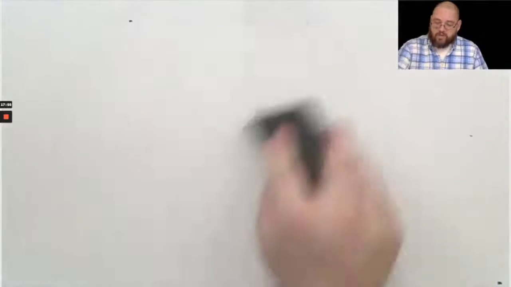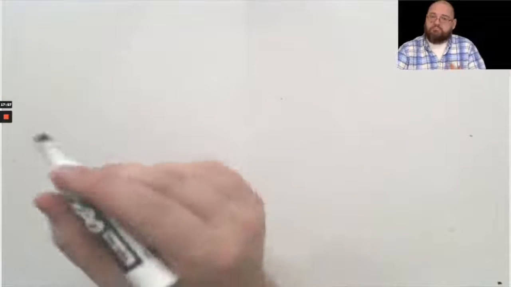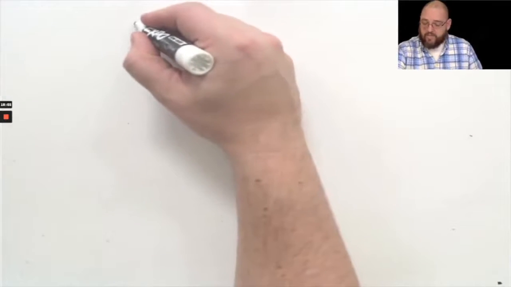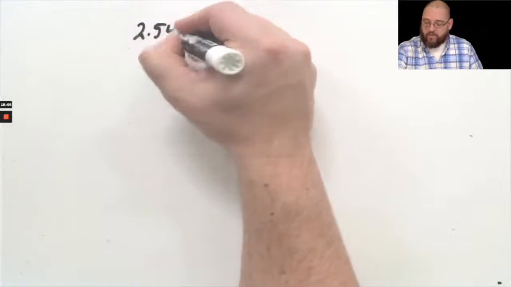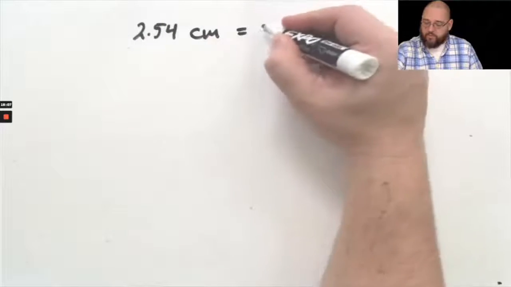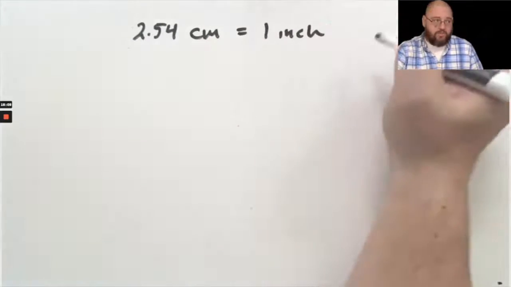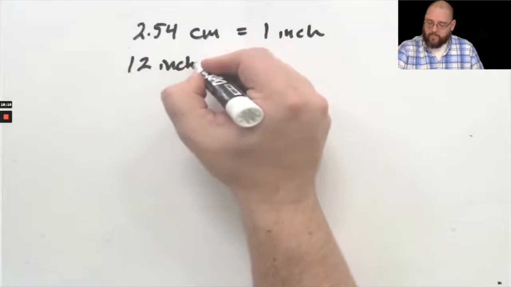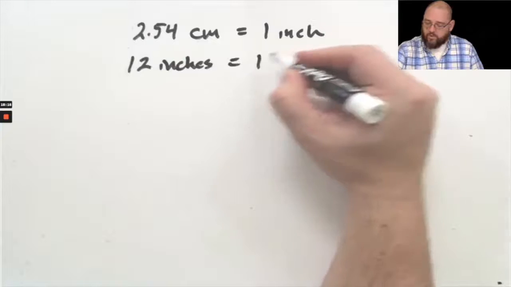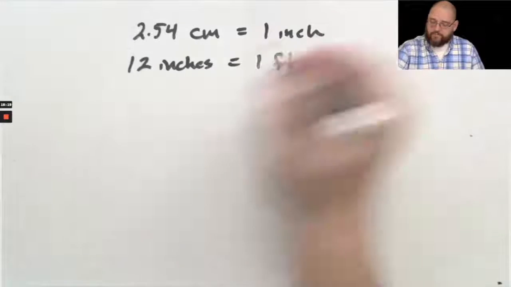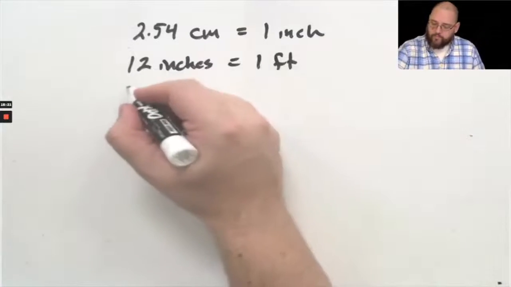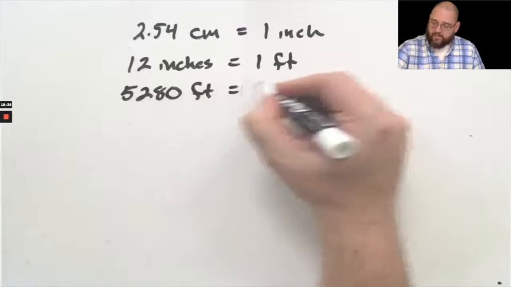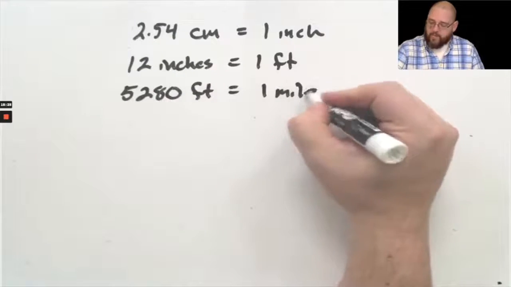So let's do another example using more realistic conversion factors, like, let's say 2.54 centimeters is equal to 1 inch, and 12 inches equals 1 foot, and 5,280 feet are equal to 1 mile.